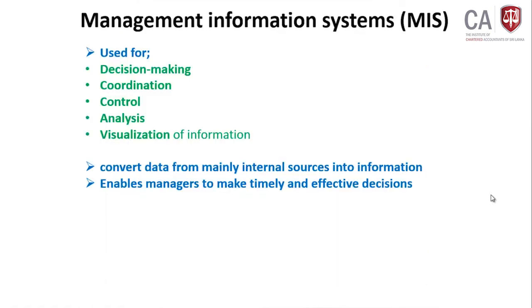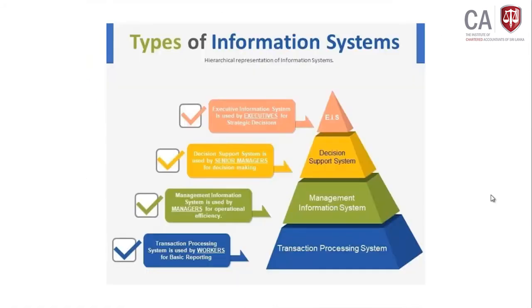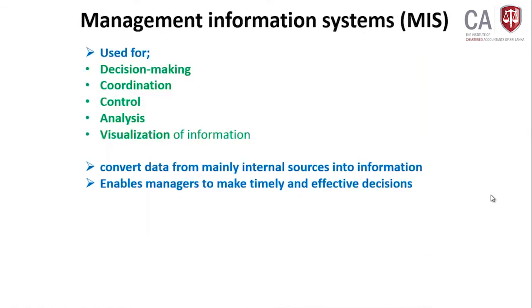Management information system. This is about the second level from the bottom, so managers are using that one. It is used by managers for making decisions, coordinating with the co-workers and controlling things. Analysis is based on the data which comes from the operation level, from the co-workers.